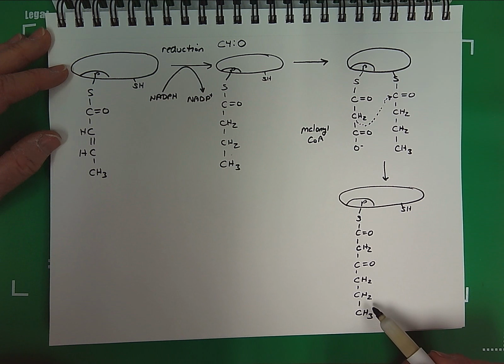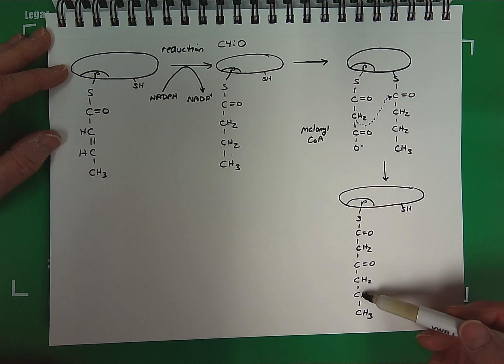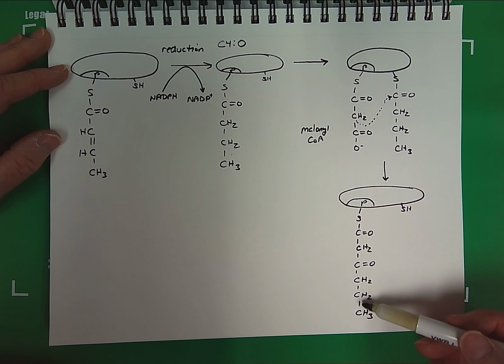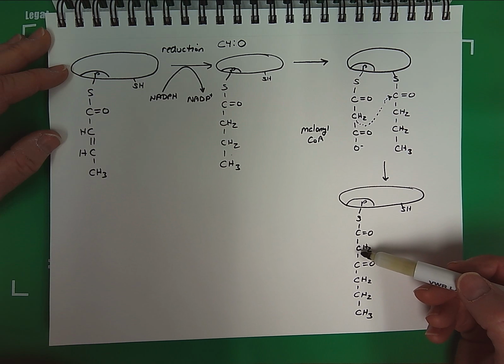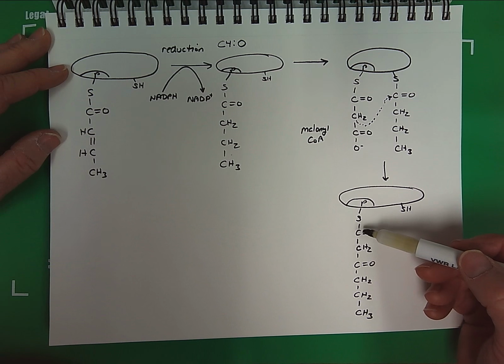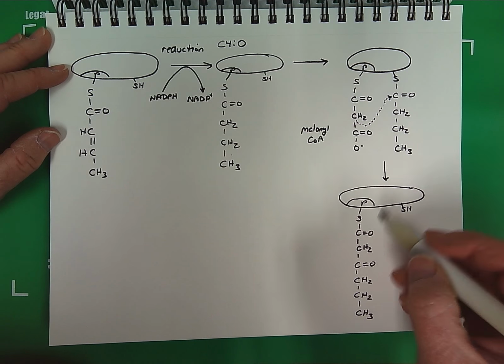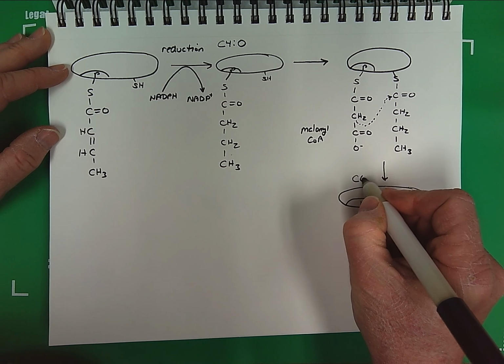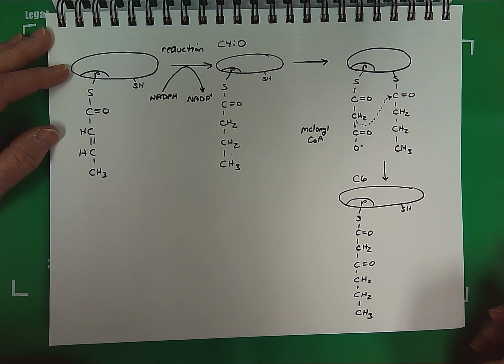Notice what we've added here. Here's our 4 carbon that we started with. Here's our acetyl group we added. And once again, we've now added 2 more carbons, and now we have a C6 carbon chain.